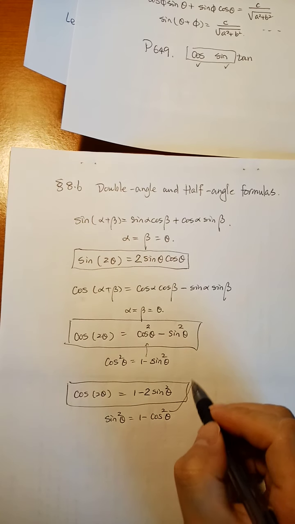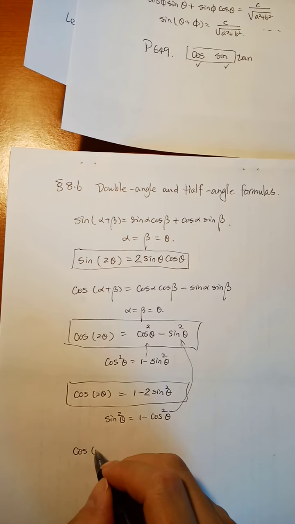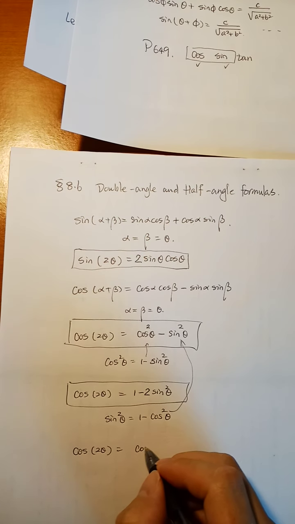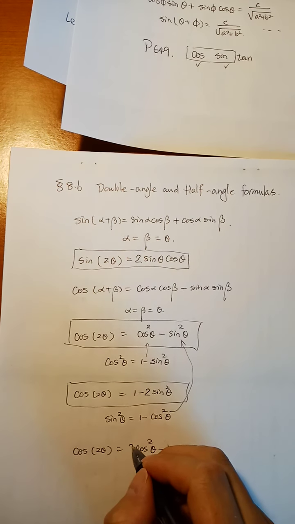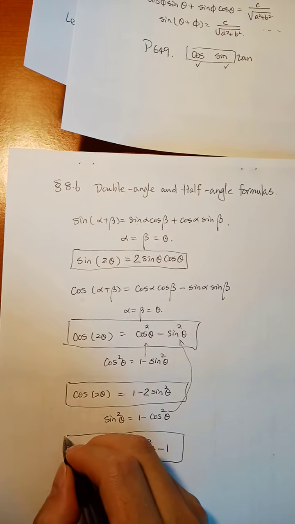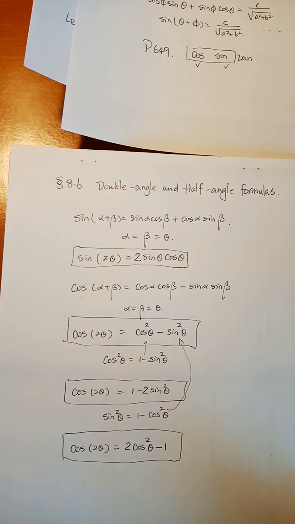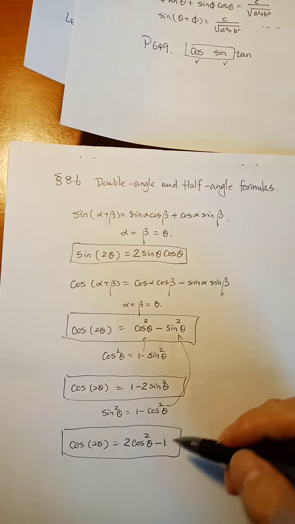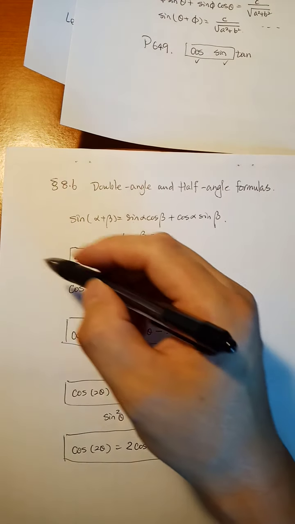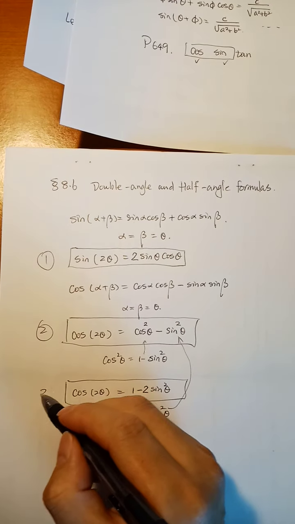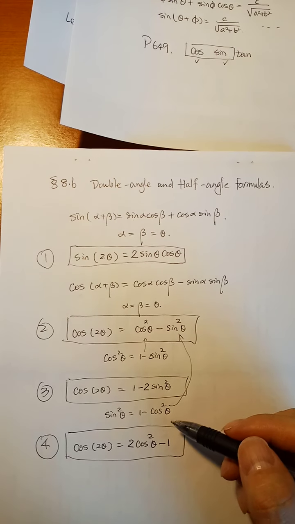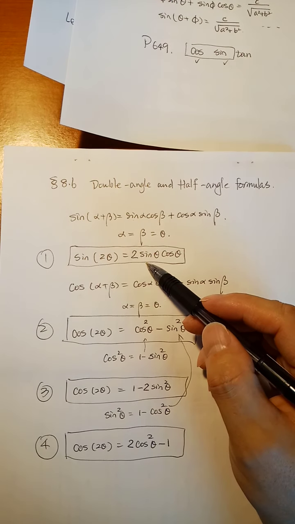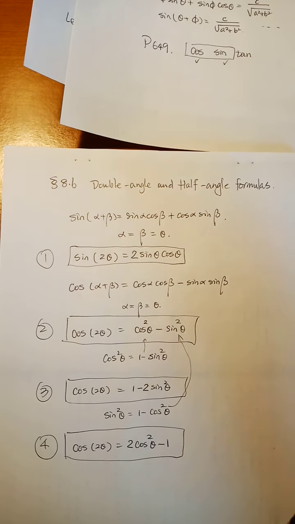And then you put it here. You get cosine theta squared minus 1, and minus minus is plus. So 2 cosine theta squared minus 1 is also equal to cosine 2 theta. So these are 4 double angle formulas. Double angle formulas have 4 formulas: 1 for sine, 3 for cosine.